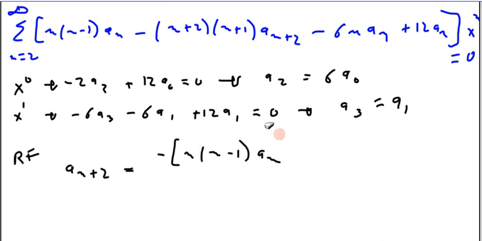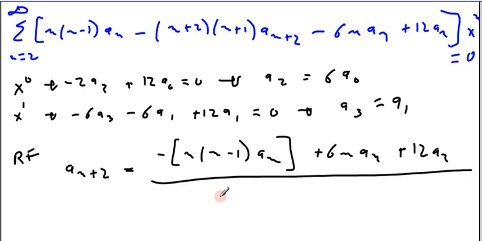Okay, so we'll put brackets there. That one's minus, this guy's plus, this guy's minus, but they're both different. Okay, so plus 6n an plus 12 an, divided by a minus sign, minus 2 plus n plus 2, n plus 2, n plus 1.